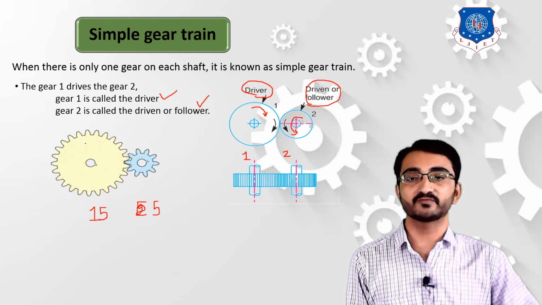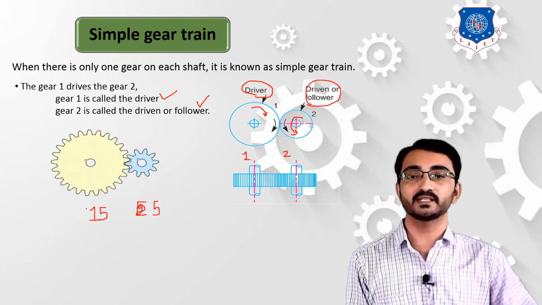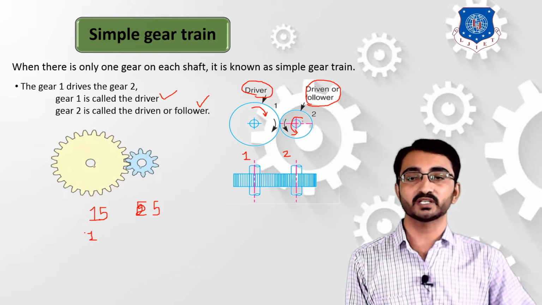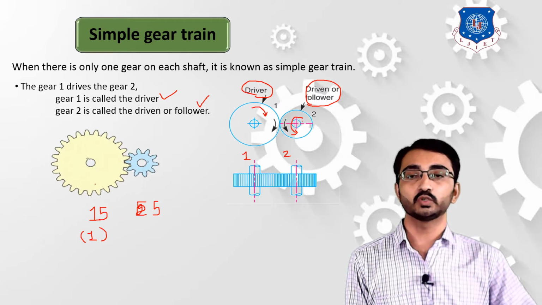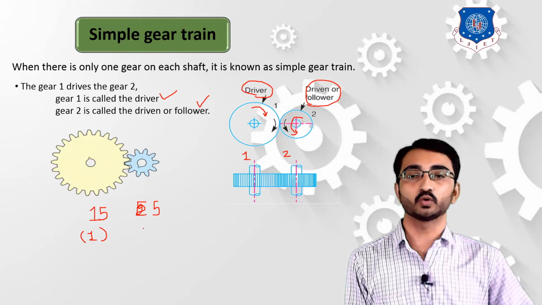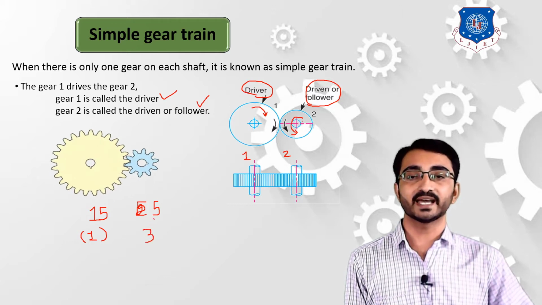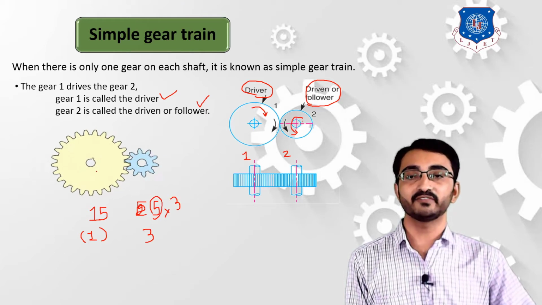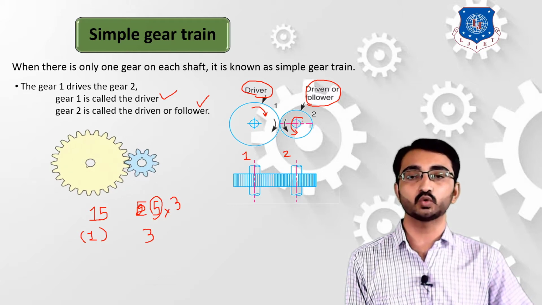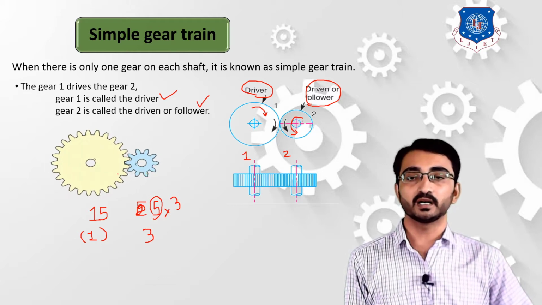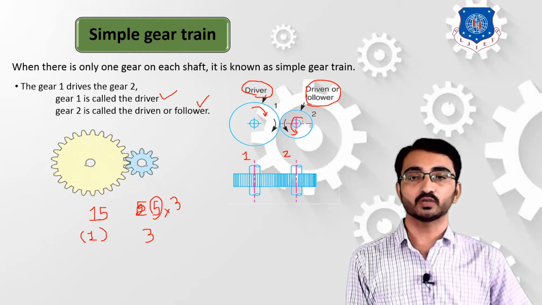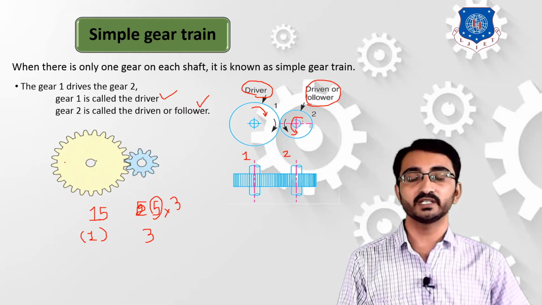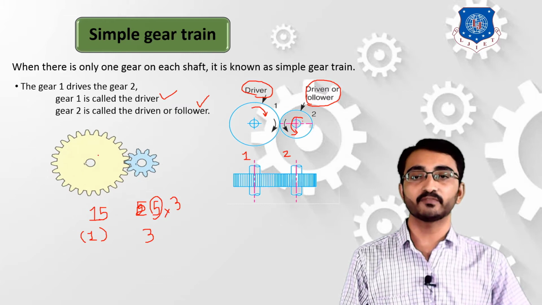If we rotate gear number 1 by one rotation, that is 1 RPM, then gear number 2 will rotate 3 times, because it has 5 teeth, so to complete 15 teeth it has to rotate 3 times. In this way we have increased the RPM of shaft 2 by simply reducing its diameter. So we can increase or decrease the speed with the help of a gear train.